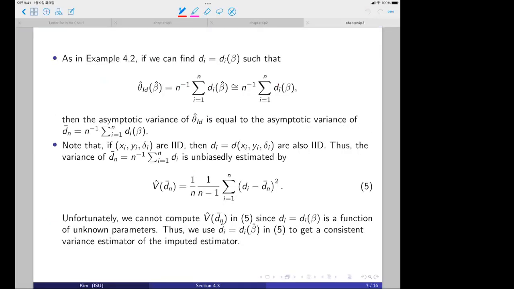The idea is to linearize to get d_i, and once you figure out this d_i, we can plug in the parameter to obtain d_i hat and obtain the variance estimator. That is basically the idea.